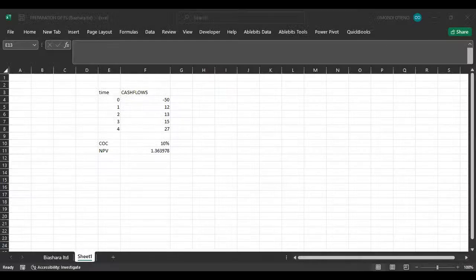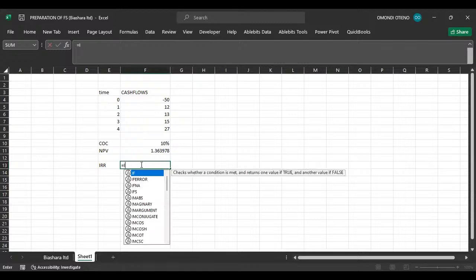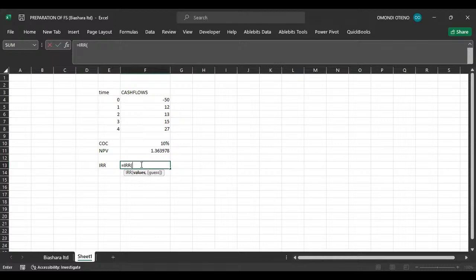And now the next one, I'll not be using the man from Lodwar. The next one, it will be anybody. Just write IRR, internal rate of return. And then go to the other cell. You say equals IRR. Values.